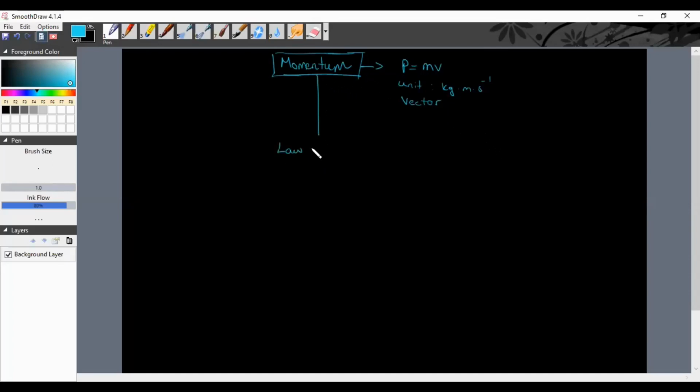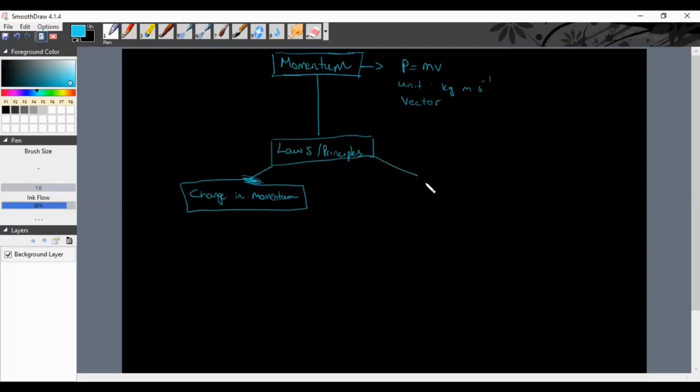Then we have the laws or principles of momentum. First one, the change in momentum. And then we have the other one, which is the conservation of momentum.